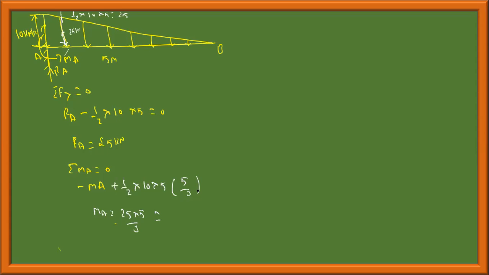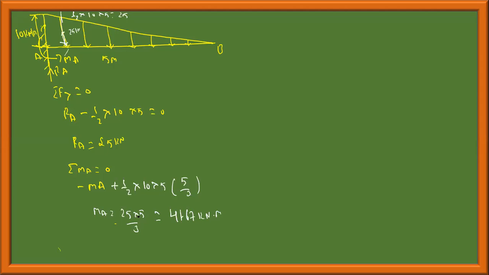Can you tell me what is this value? 125 by 3. How much? 41.6. 41.67 kilonewton meter.